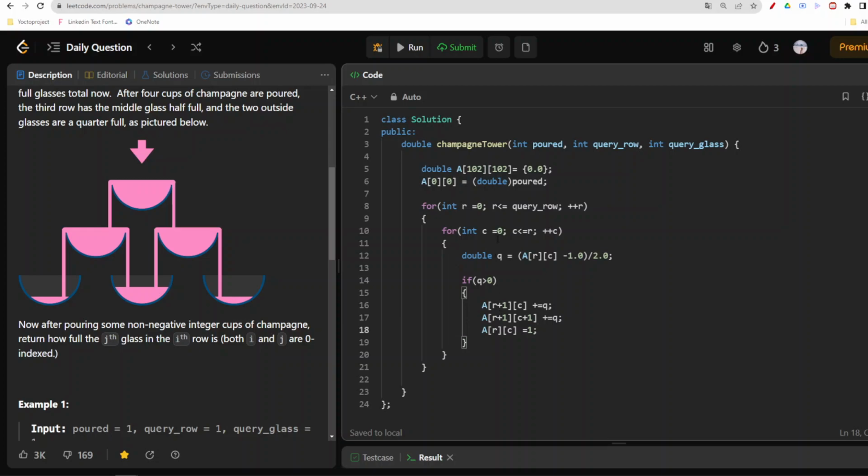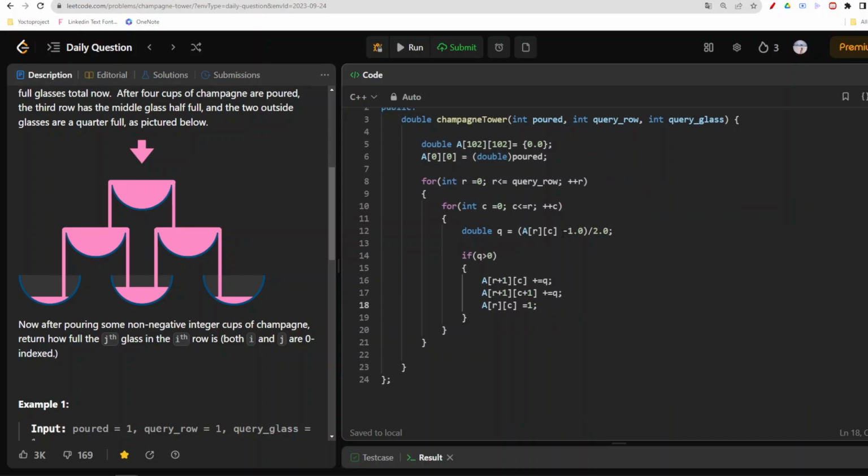So that is the thing. And like this only, this was for the first glass, meaning here and here it was done. And then if it gets some more quantity, then it will flow to the next points, and this is how it will be filling up all the glasses.